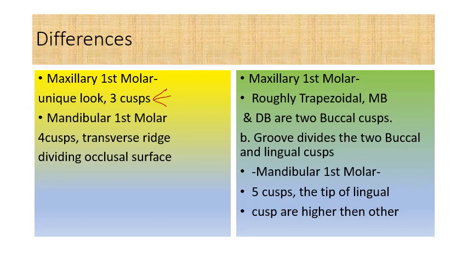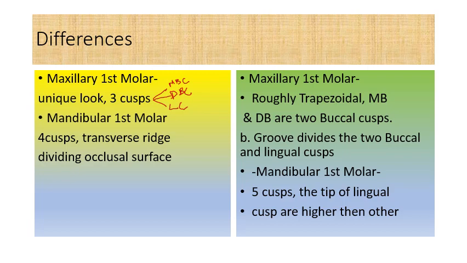ठीक है, 2 buccal cusps, mesiobuccal cusp होगा, distobuccal cusp होगा, and there would be 1 lingual cusp. ठीक है, and the mandibular first molar has got 4 cusps and a transverse ridge present.